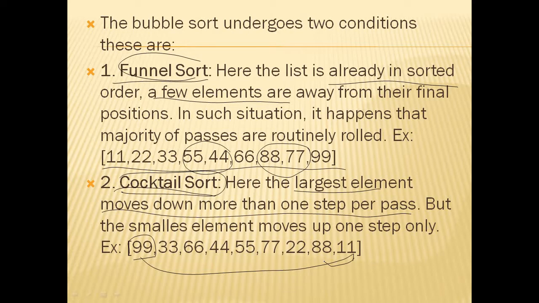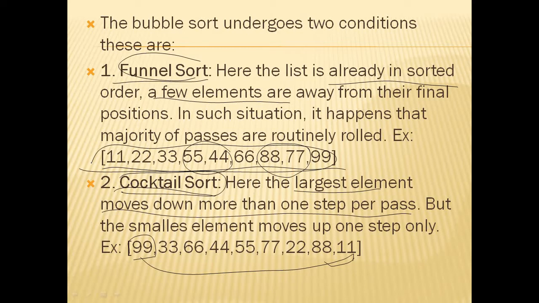It's the worst case, it will take a lot of time. If I apply bubble sort for this type of elements, then we call it a cocktail sort. And if I apply sorting for this type of elements, we call it a funnel sort. These two may be asked as 2 marks questions, so be thorough with these two terms.